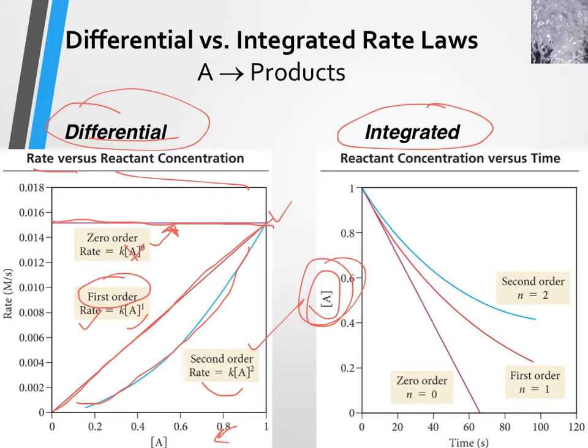So pay attention to what's on the axes. For the integrated rate law, time is along the x-axis. Zero order reactions, those that are not dependent on any concentration, are linear. And first and second order have a curve to them.